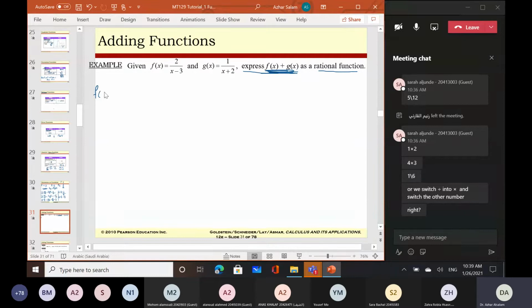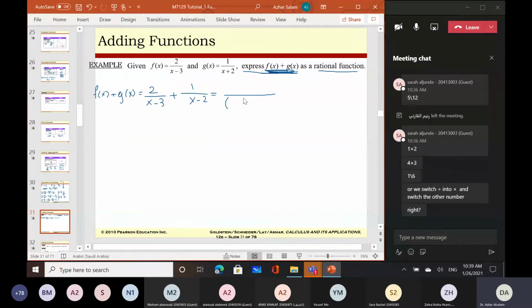Here I will have f of x plus g of x. The given functions are 2 over x minus 3 plus 1 over x plus 2. As we did with numbers, I have to unify the denominators.